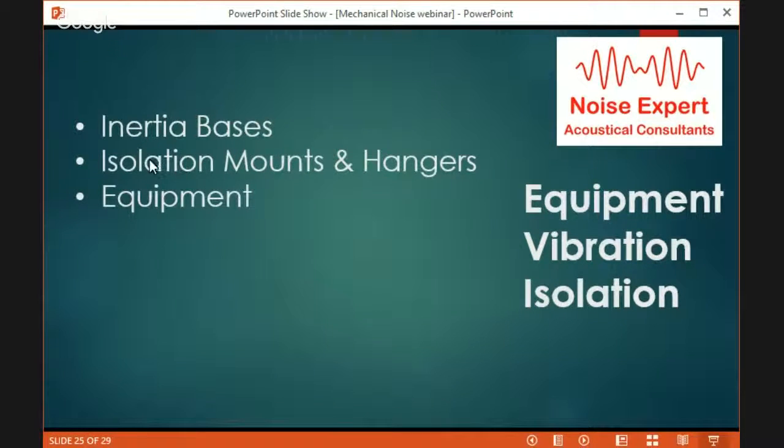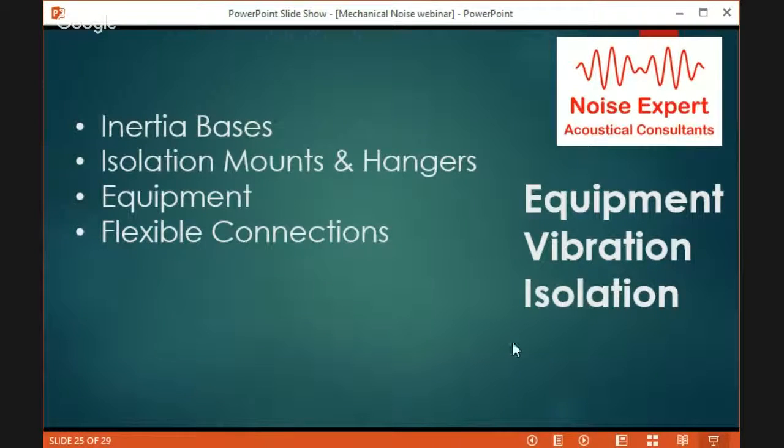So equipment isolation: what is it? Isolation mounts, hangers for ceilings, flexible connections. You'd really want that mechanical unit to be floating as much as possible. So even if you put great isolators that it's resting on, if you have hard connections through the ductwork or hard connections through any other connections, you can short circuit that isolation and cause problems or just cause vibration to transfer.